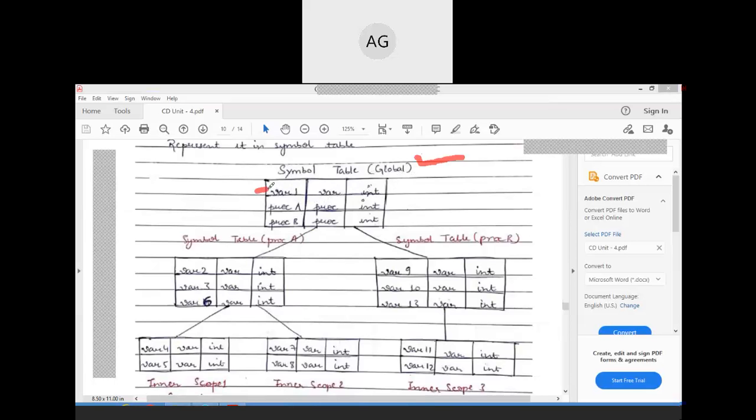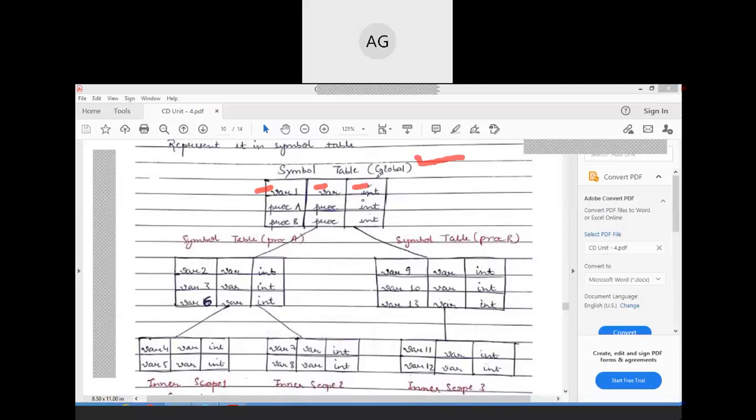Just remember the three constructs we are going to place in the symbol table: first is the symbol name, then the type of the variable, and the third is the attribute. So first is variable 1, and it is of type int.